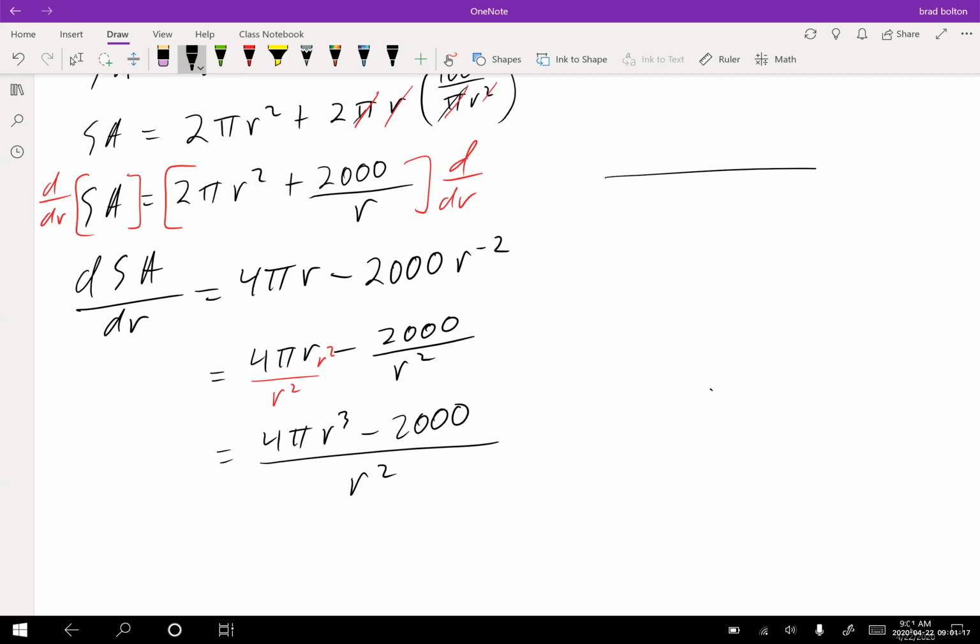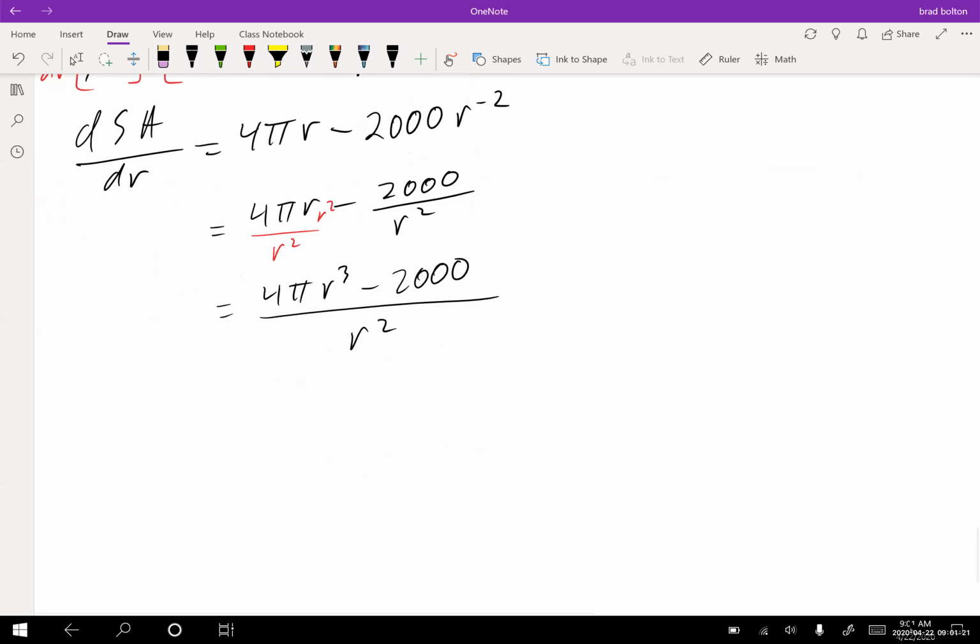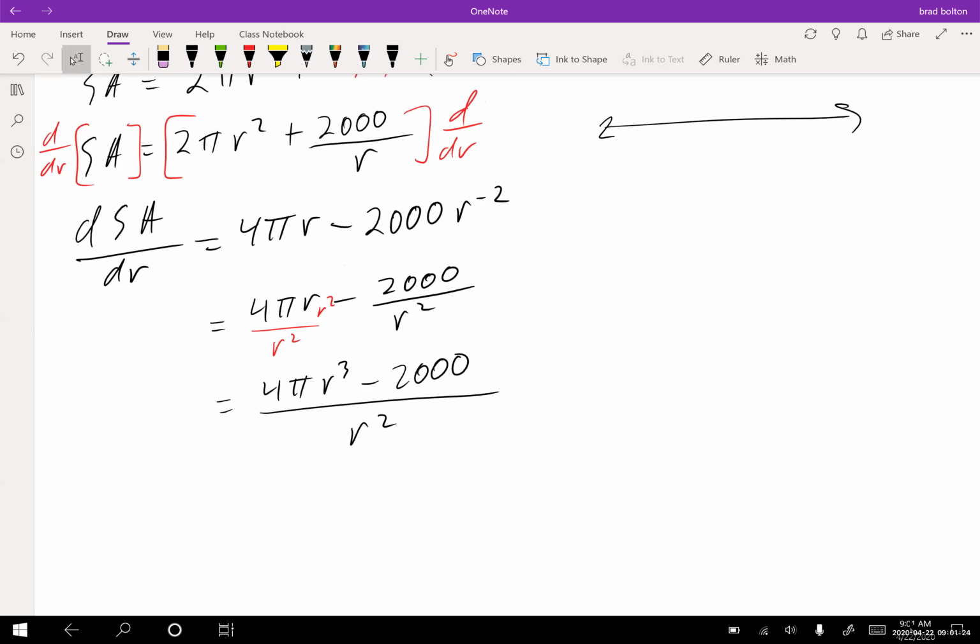So now we're going to come over here. We're going to try to find our critical numbers. Okay, so our critical numbers for this will be, let's see here. Well, r squared, we don't have to worry about that because it could never be 0, because it doesn't make sense to have a radius of 0.